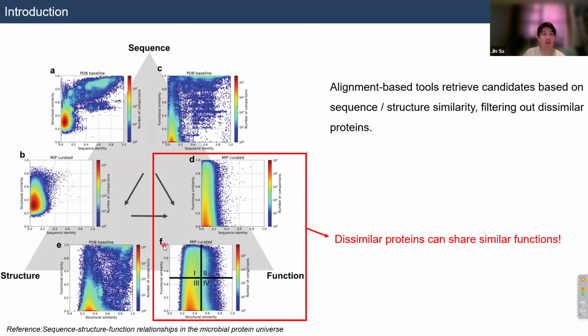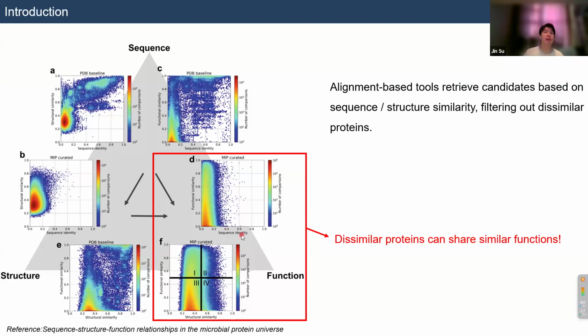And from the figure A, we can see first the part 1. So the part 1, the protein pairs have low structural similarity, but they have high functional similarity. And from the part 4, the protein pairs have high structural similarity, but they have low functional similarity.